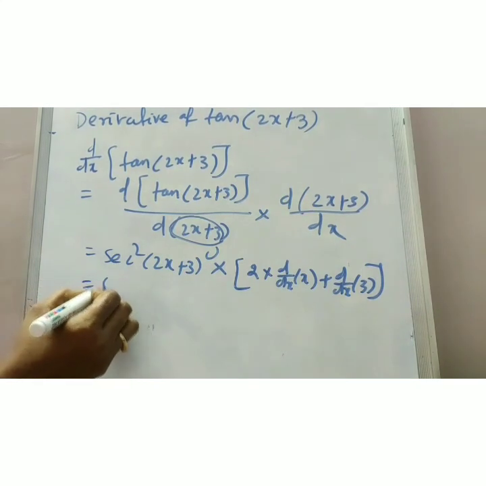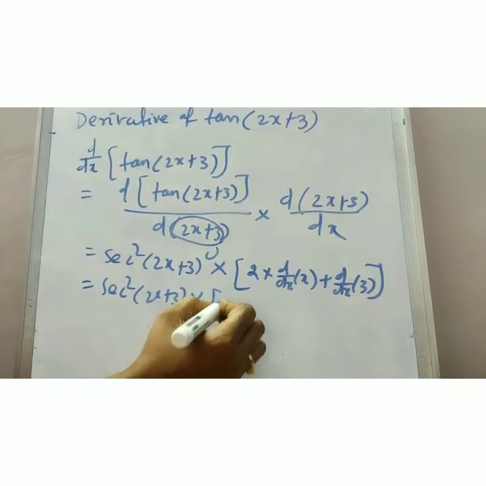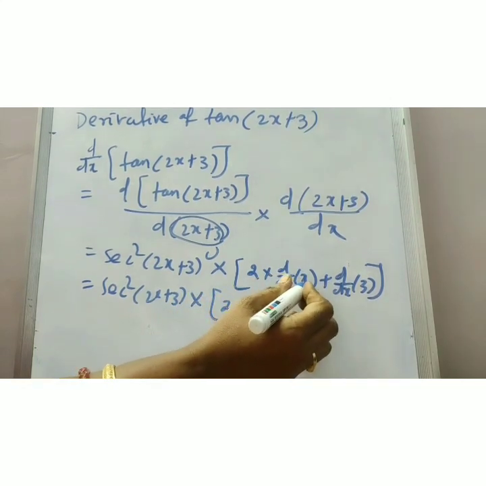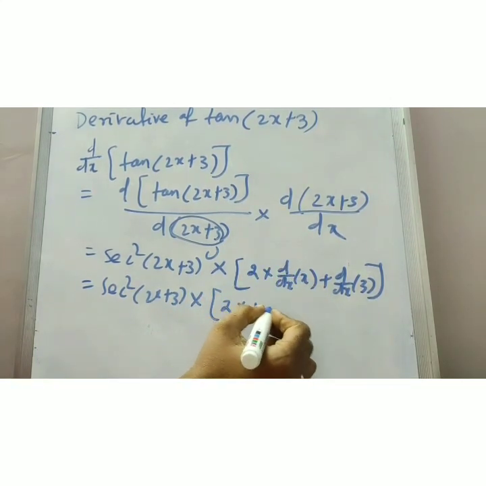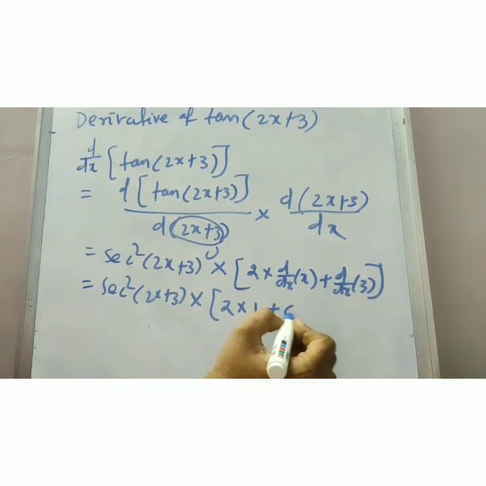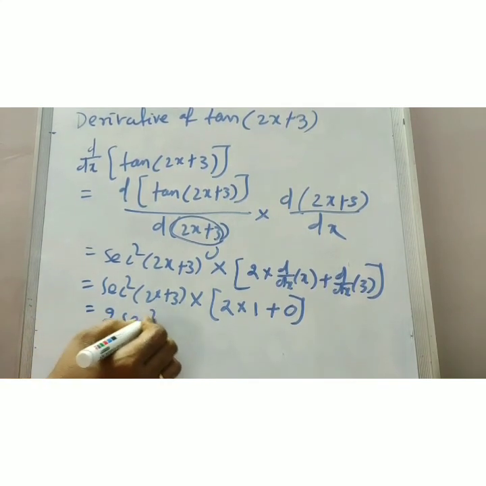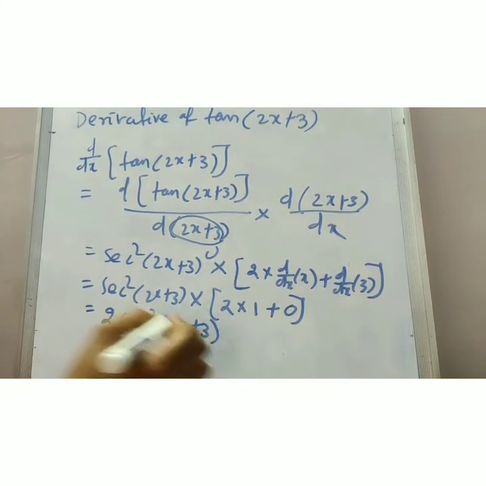Now this becomes sec square 2x plus 3 into 2 into, what is d by dx of x? This is your 1, so 2 into 1. The derivative of 3 is 0 because 3 is a constant term. Now the answer is 2 sec square 2x plus 3.